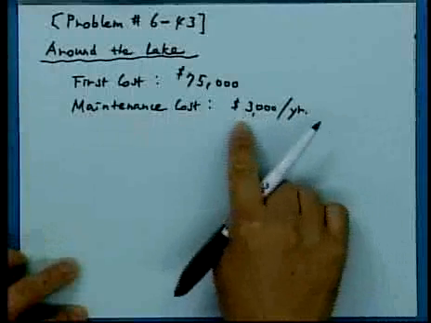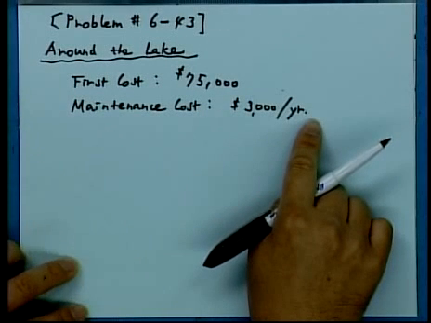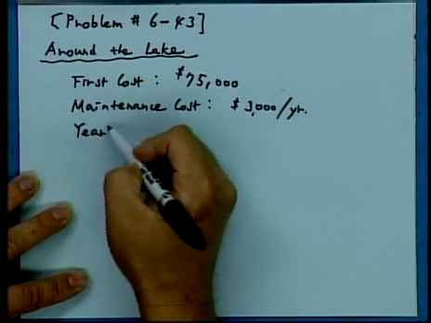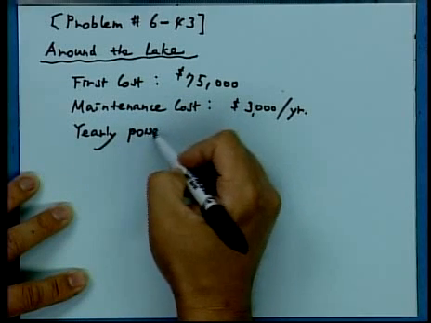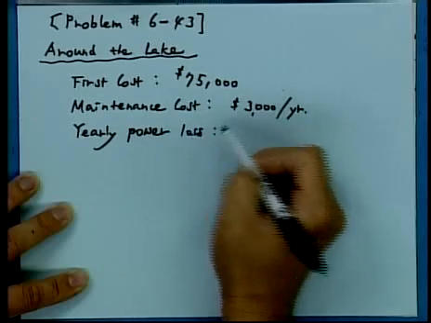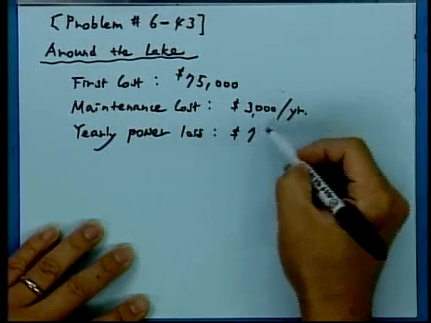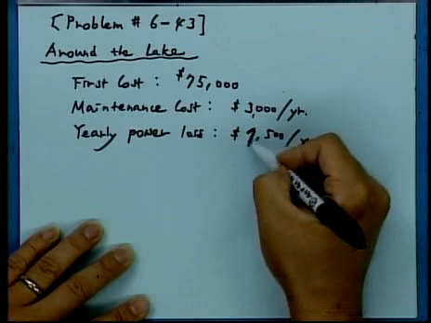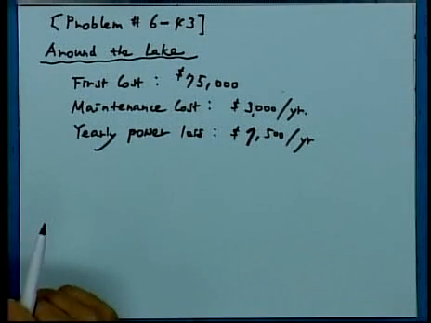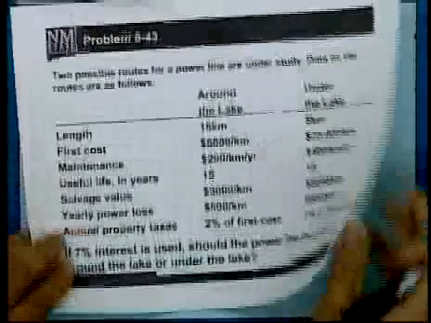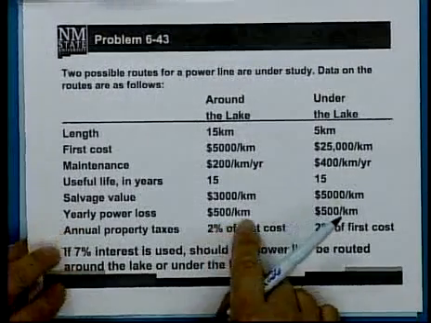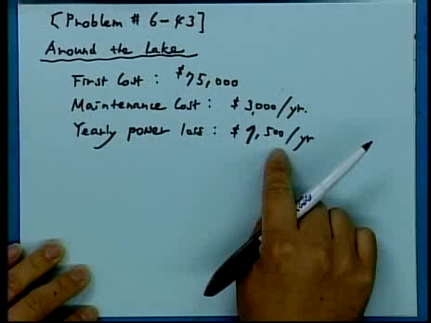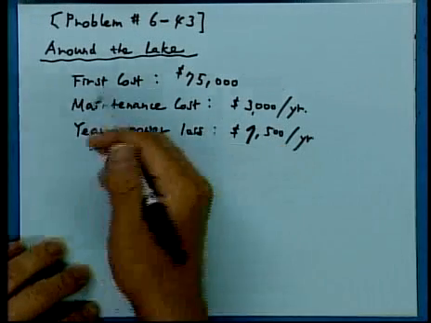Then you will end up with $3,000 per year. Likewise, the yearly power loss would be $7,500 per year, which is from $500 per kilometer times 15 kilometers, which becomes $7,500 per year.